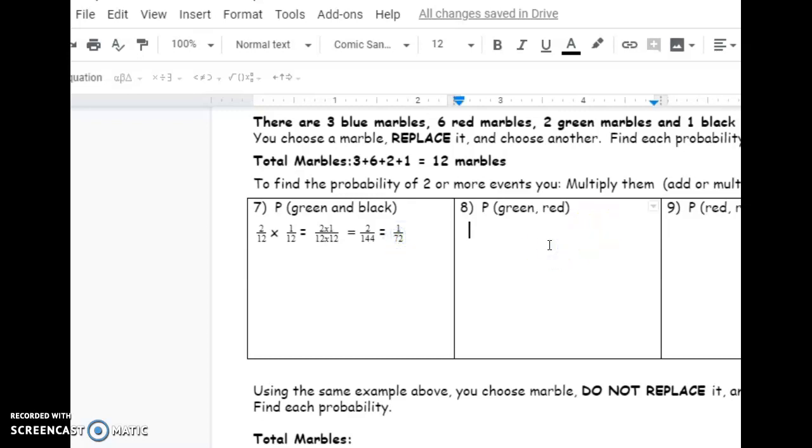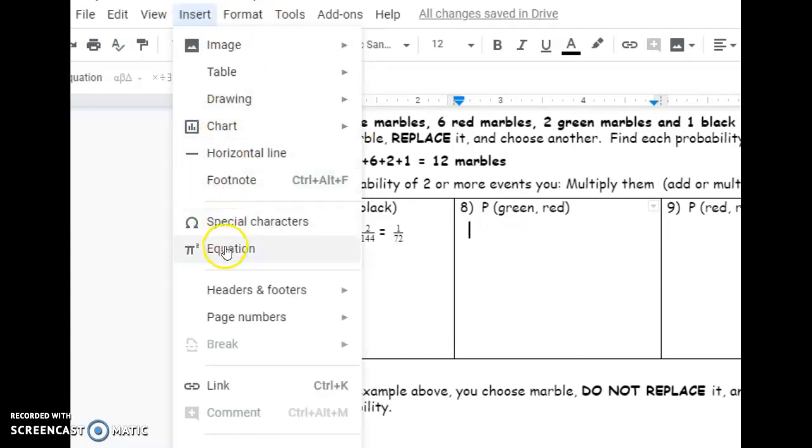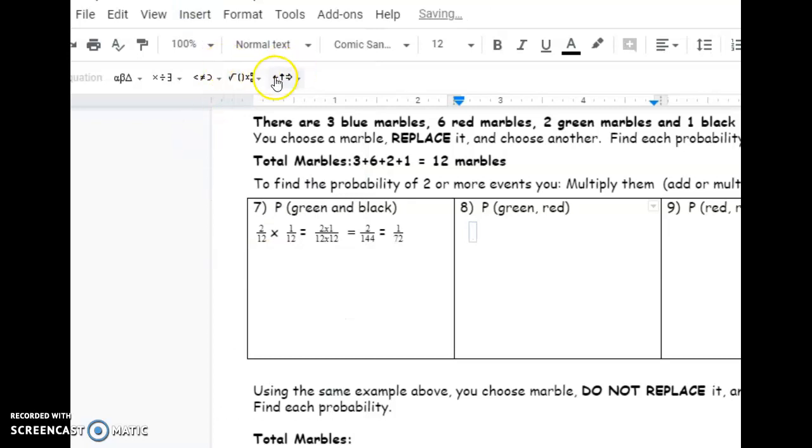The same reasoning will happen with the probability of green and red. So let's insert our equation. We need a fraction. The probability of green is 2 over 12, times another fraction.